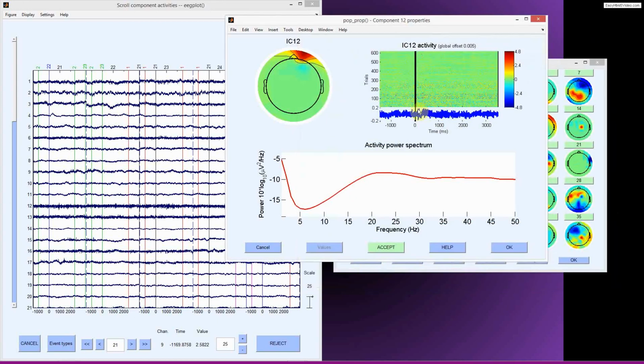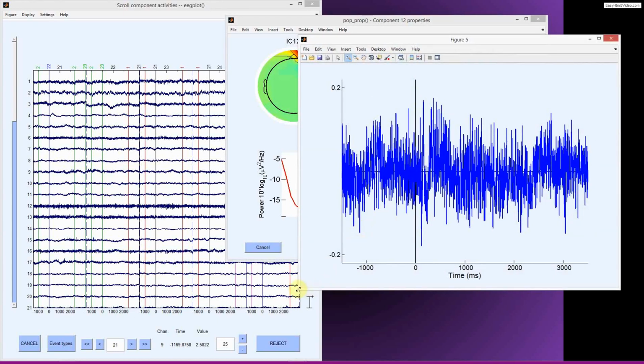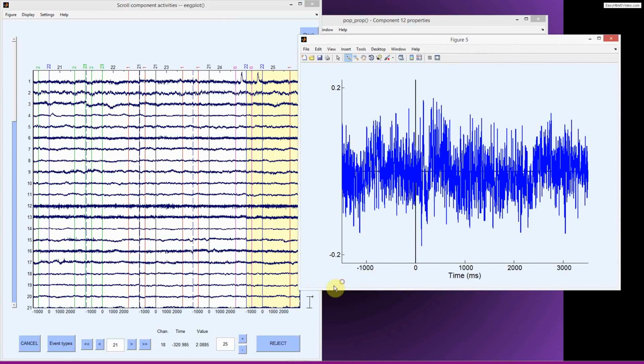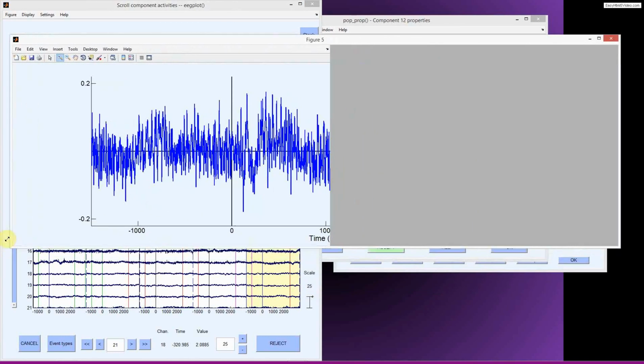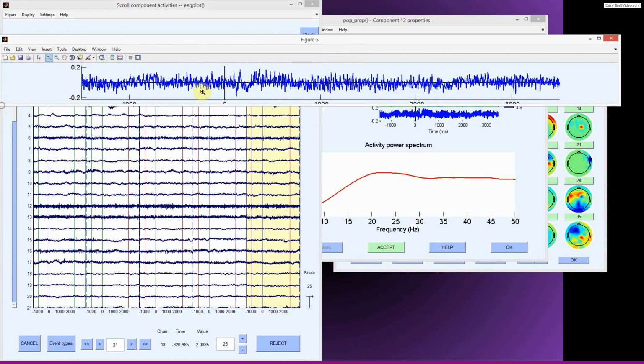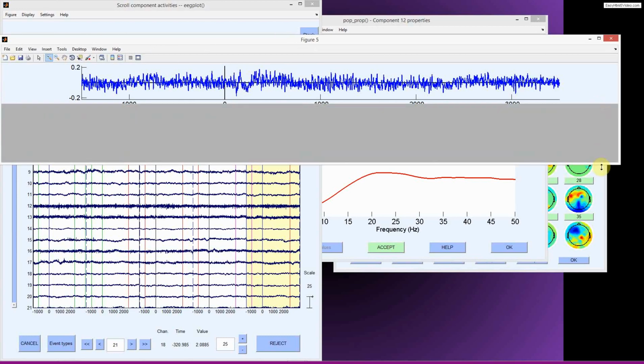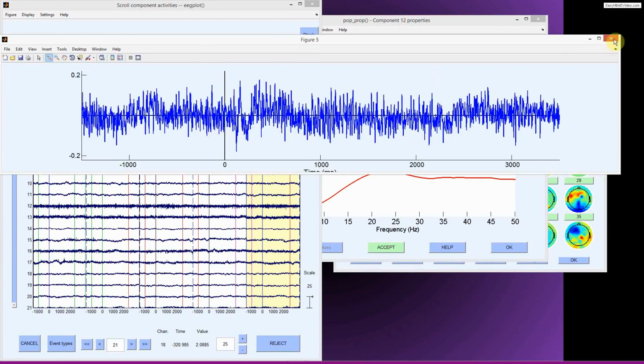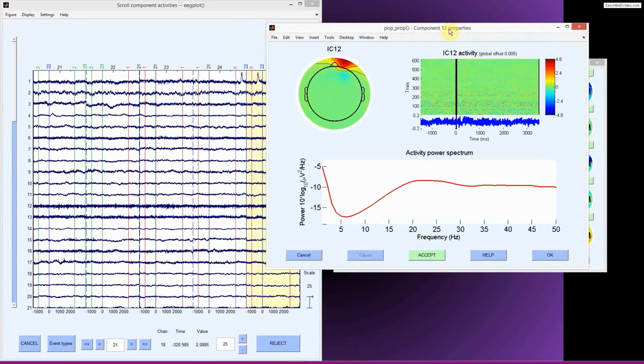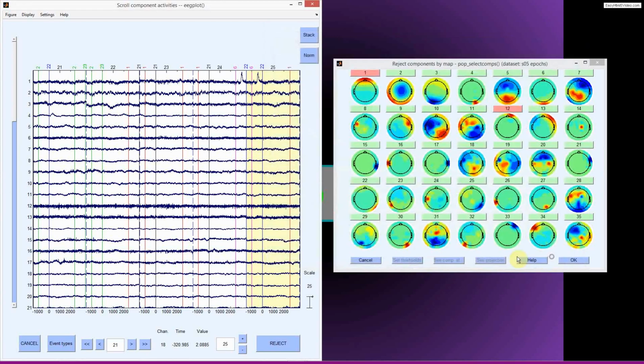So now, when you look at this time course, this is clearly a very noisy time course, but there does actually seem to be a little bit of signal here. So I don't know, I think I probably would remove this component anyway, but I don't think you would really need to remove it, particularly if you're focused on posterior activity, then you wouldn't necessarily need to worry about it too much, but I'll mark it for rejection for now.